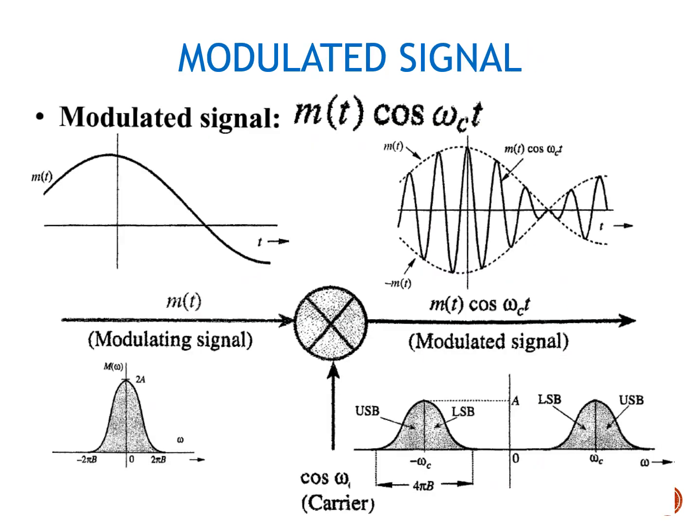Now after modulation, in the time domain, the signals look like this. This was the modulating signal, and after modulation the time domain signal will look like this. You can see the envelope of the sinusoidal signal is now adjusted according to the variation of the signal m(t). That's why it's called amplitude modulation.